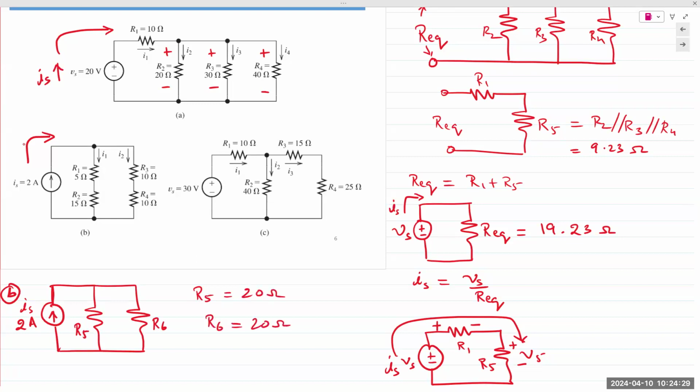And they are both in parallel as seen by the source. From the perspective of the source, R5 and R6 are in parallel. If you find REQ across the source, I mean, you remove the source and you measure REQ, what do we get?